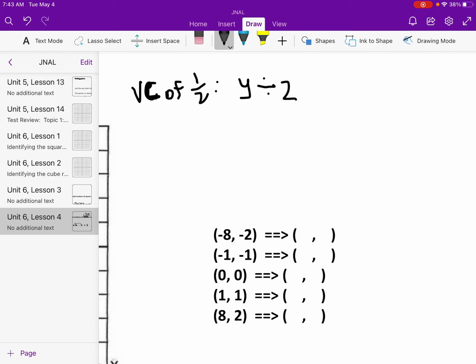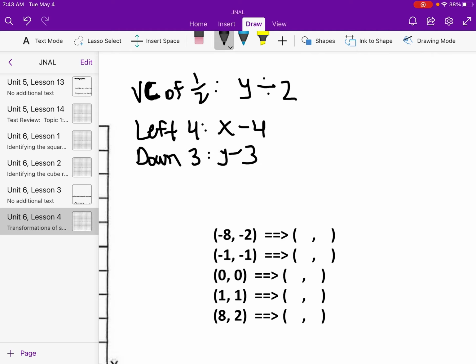Since we had left 4, we need x minus 4. Remember, just because there was a plus 4 in the original equation doesn't mean you should add 4. If you set x plus 4 equal to 0, x would equal negative 4, that's why. And down 3 means y minus 3. Once again, you have to do multiplication and division before addition and subtraction.